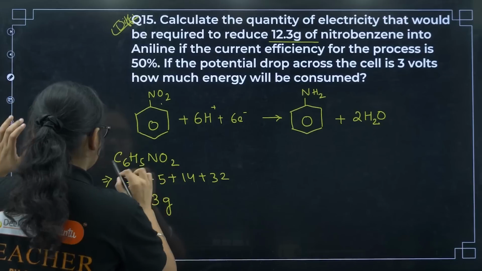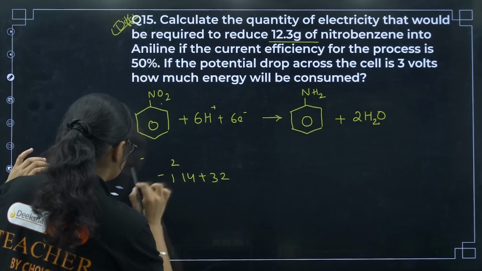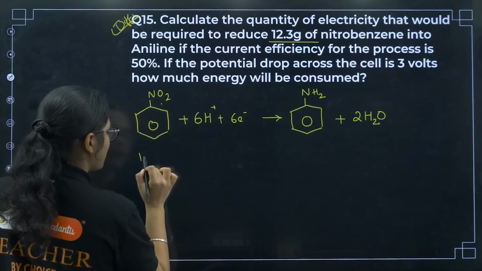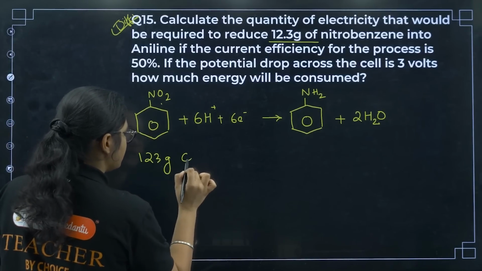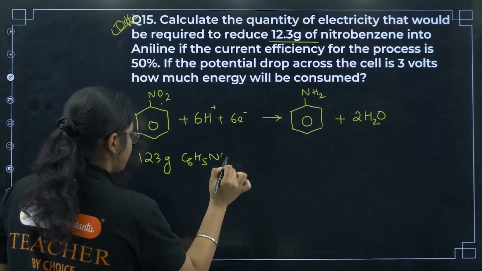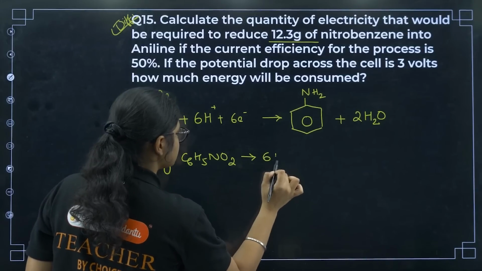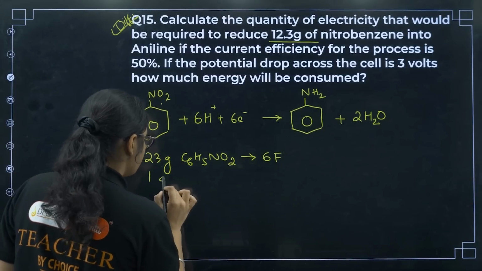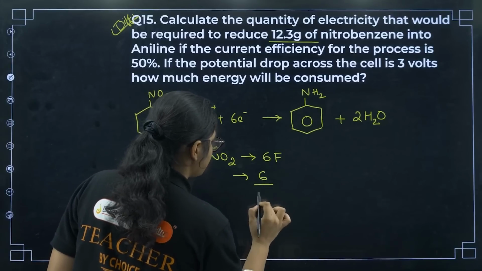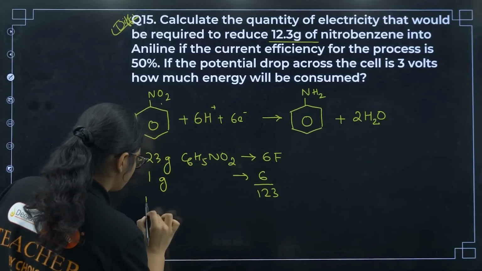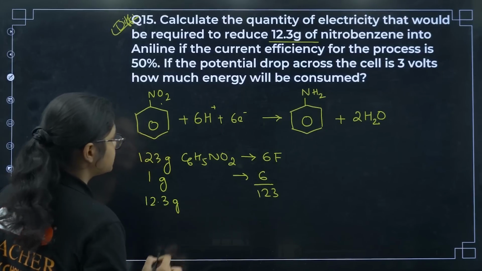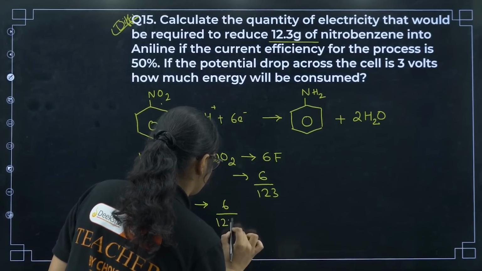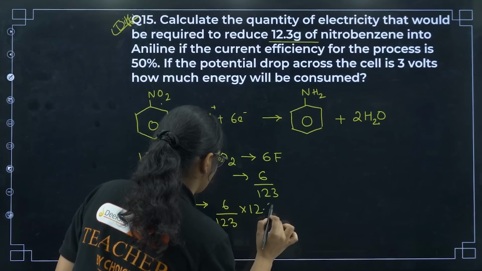So I can say that for 123 gram of nitrobenzene, how much do I require? 6 Faraday is required. Now for 1 gram I will require 6 by 123, and for 12.3 grams I require 6 by 123 into 12.3.